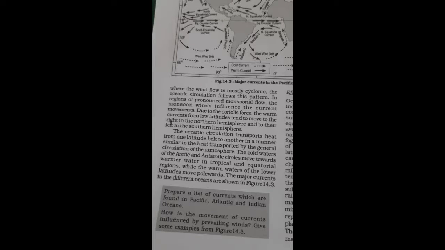The oceanic circulation transports heat from one latitude belt to another in a manner similar to the heat transported by the general circulation of the atmosphere. तो जो हीट भी है एक एरिया की वो दूसरे एरिया में ट्रांसफर होती है बाय द दीज ओशनिक सर्कुलेशंस. ओके, जैसे एटमॉस्फेयर में एयर सर्कुलेट होती है उसी तरह वाटर में भी हीट और कोल्ड ट्रांसफर होती रहती है.